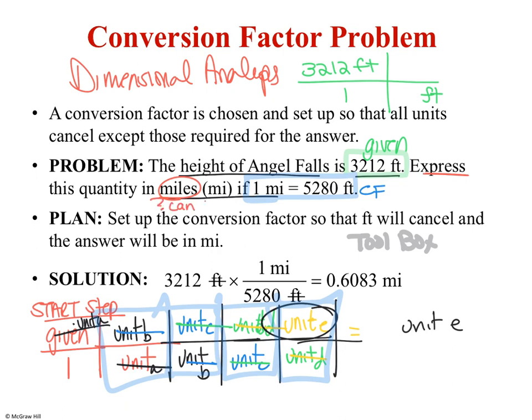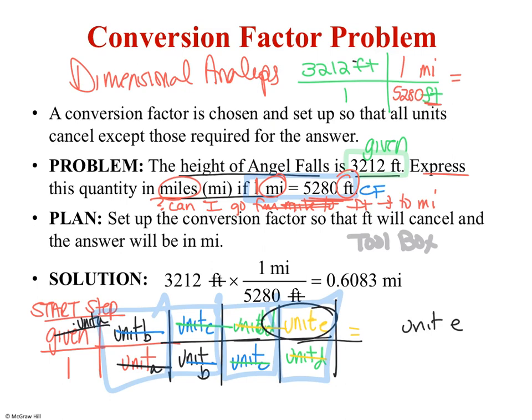So the question you want to ask yourself is, can I go from feet to miles? You see how these are equal to each other? Yes, you can go from feet to mile. Make sure the 1 goes with mile, and 5,280 goes with feet. So those equal 1.